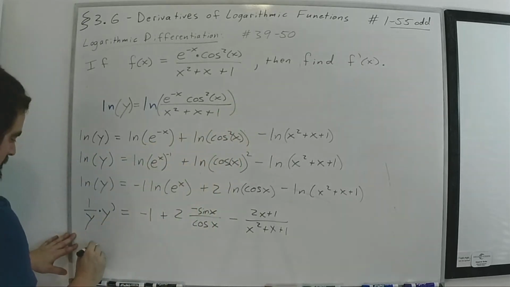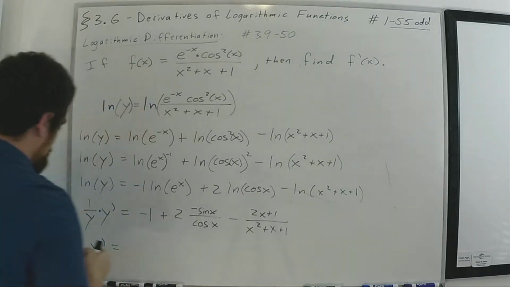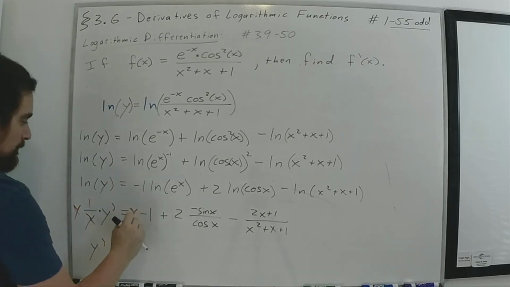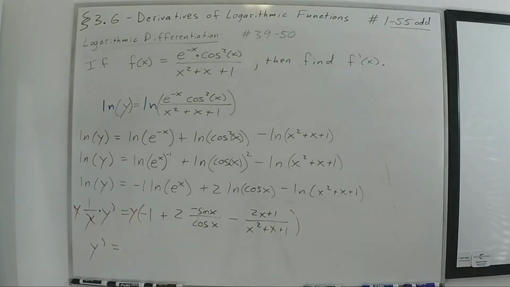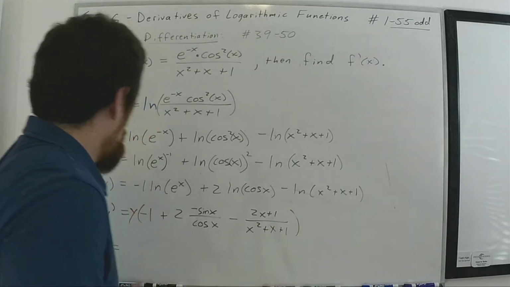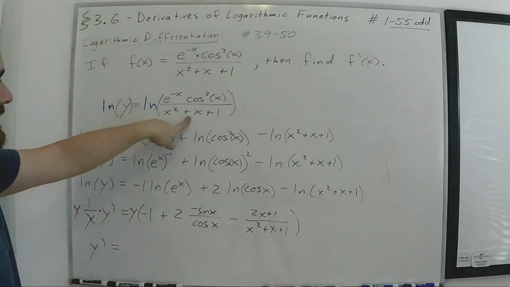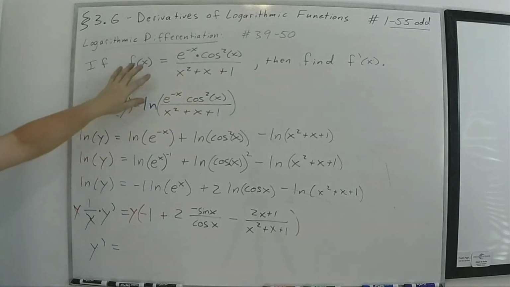So I'm going to go back and say that y prime is, I have to multiply the left side by y to get these to cancel out, which means I have to multiply the right side by y. So I'm multiplying by y on both sides. Well, what is y? Y was that original big mess that I had, right? So I have to multiply both sides by that original y, aka my f of x that I called it.